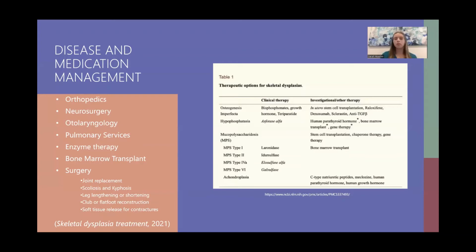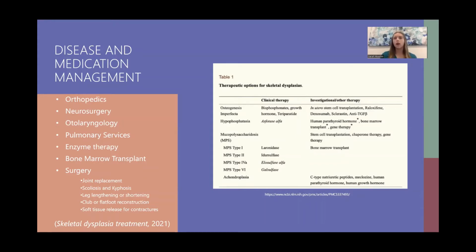So more often than not, it's determined if the child will need surgery or not. Surgery often consists of joint replacements, leg lengthening or shortening if they have a shorter limb, reconstruction of different issues, and then they will also do soft tissue surgeries to prevent contractures.